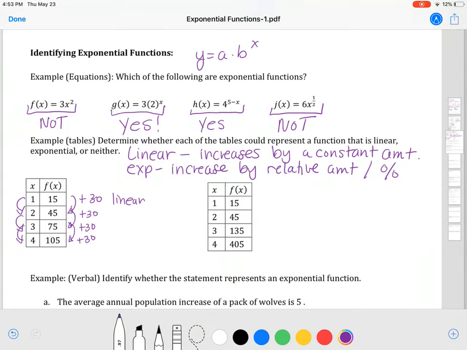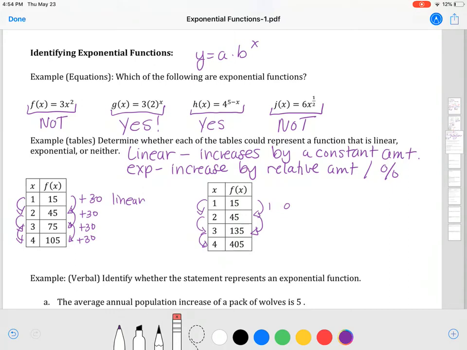It's going to be 30 over 1, 30 over 1. However, if you look at this second table, as I go up by 1, it's not increasing by the same amount. From 15 to 45, I would add 30. Then from 45 to 135, I'm not adding 30 again. So this is definitely not linear because I'm not going up by the same amount.